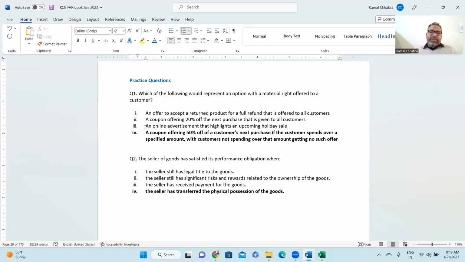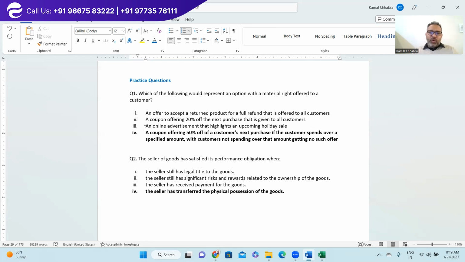Next question. The seller of goods has satisfied its performance obligation when? So when is a performance obligation satisfied? First one is the seller still has the legal title of the goods. If the seller still has the legal title, that means he has not transferred ownership. So the performance obligation is not satisfied, right?